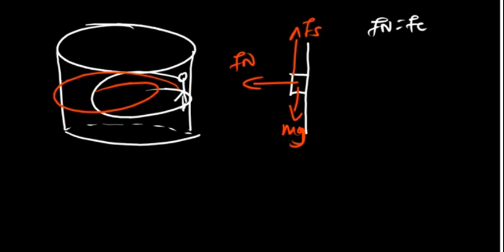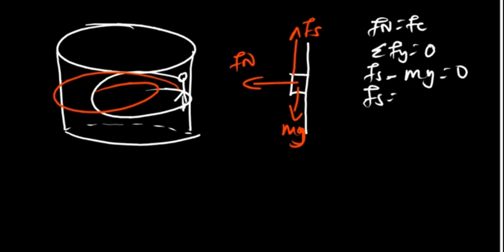This object is rotating in the x direction, therefore the forces in the y direction, when we add them, are supposed to give us 0. We have the friction force pointing up, so the friction force minus the mg pointing down has to be equal to 0. So the friction force is equal to the mg.